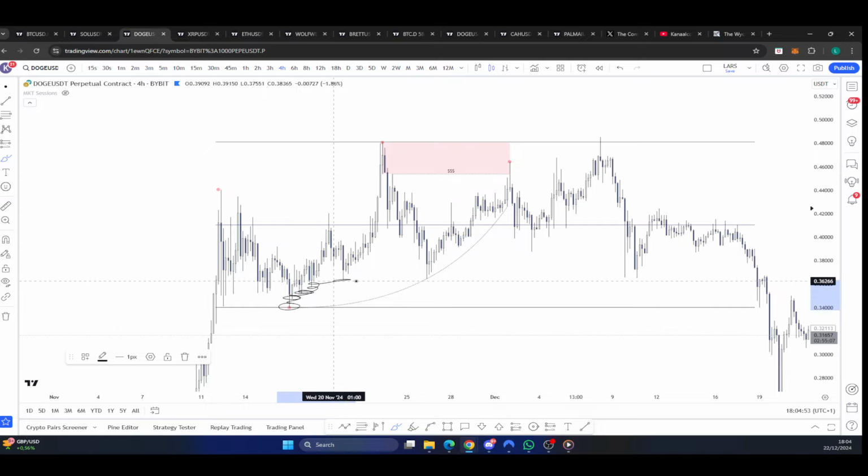Now, what does that indicate? That simply indicates that the people that longed at the bottom right here, what they tend to do is they tend to put their stop loss below the previous swing low. So the people that longed here put their stop loss right there. The people that longed here put their stop loss right there. The people that longed here put their stop loss behind there.